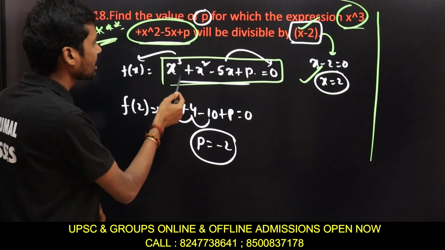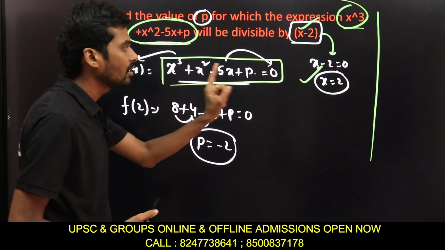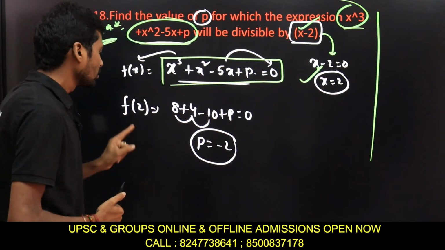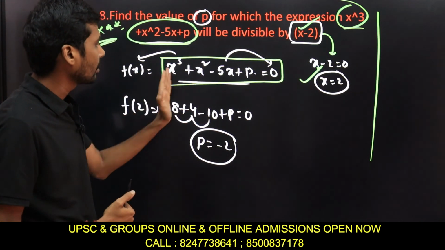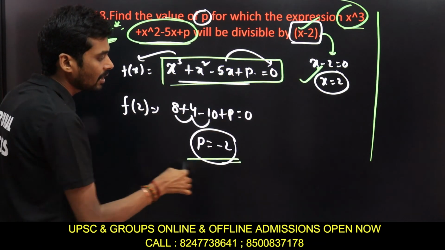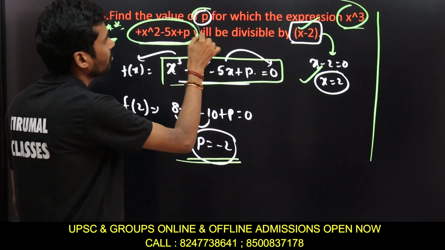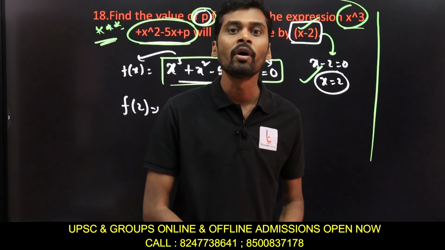And if I express this as f of x, then f of 2 is equal to, instead of x you substitute the value. So 2 cube and 2 square minus 5 into 2 plus p is equal to 0. From this p value is minus 2. That is what we were supposed to find out. Okay, is it clear? So this is the concept of remainders.